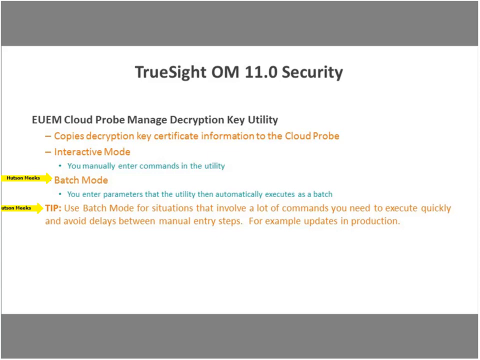And so the tip here is to use a batch mode for situations that involve a lot of commands that you need to execute quickly, okay? This would be to avoid things like delays where, let's suppose you use the interactive mode capability. You enter one command and then you get interrupted and then you come back and enter another command.